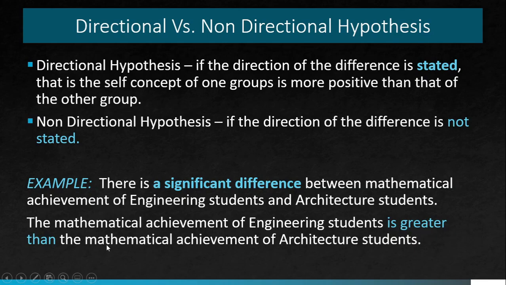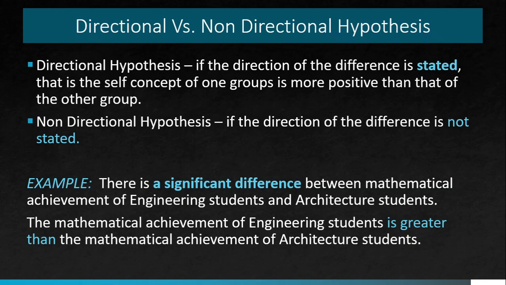Okay, greater than, or better, more intelligent, or brighter. Those are actually your cues for you to know whether it's directional or non-directional. So the simplest way is for you to look for those comparative words. If there's a comparative word in your alternative hypothesis, then it's already a directional hypothesis.